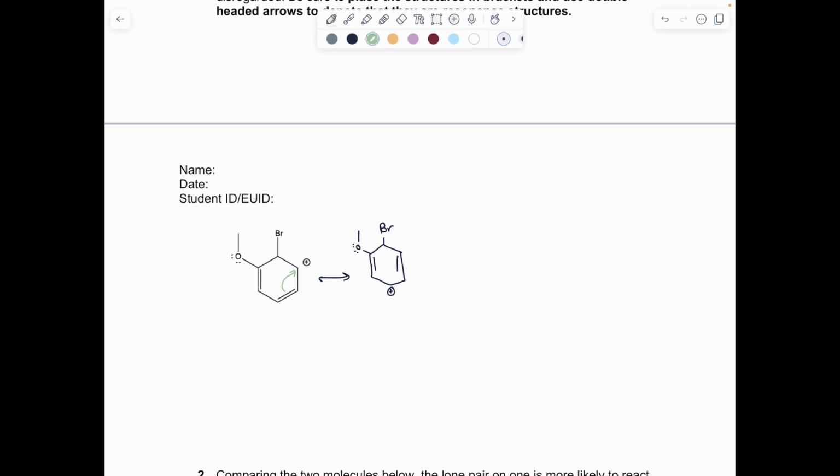And then from there we can do the same thing. We can just move this double bond to fill in where the positive charge is. And that structure will look like this. And then the last structure, we can have one of the lone pairs on the oxygen resonate down to fill in the positive charge.